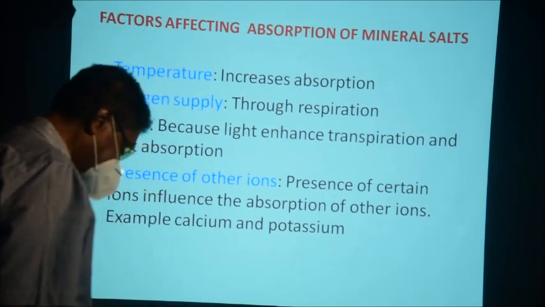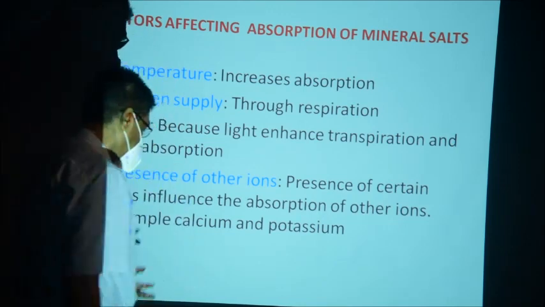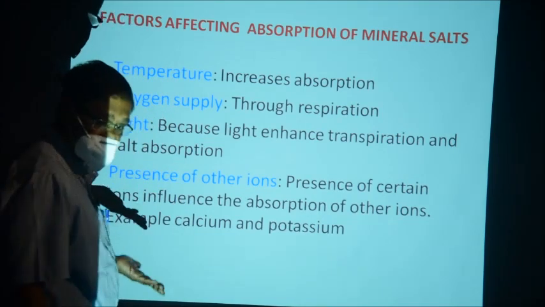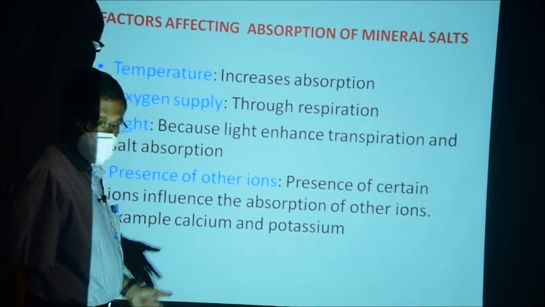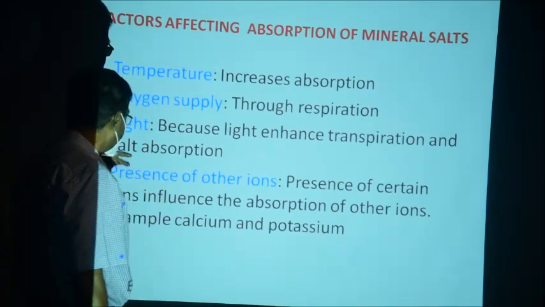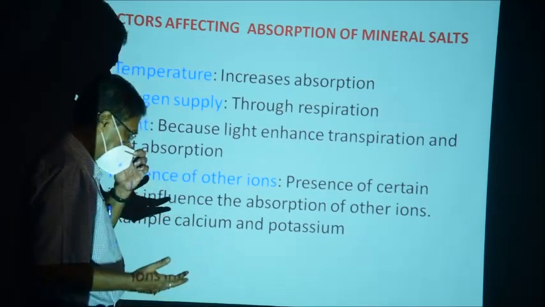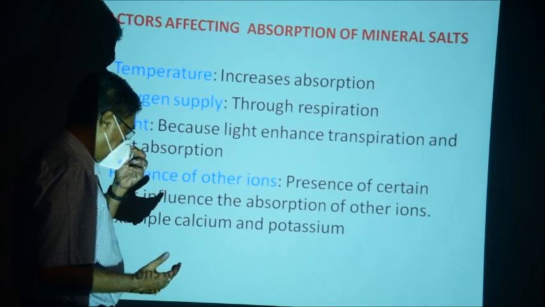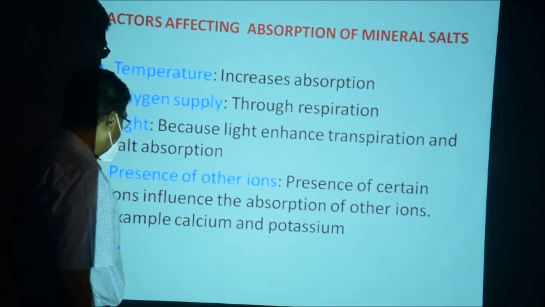Now, what are the factors affecting absorption? Temperature. The movement is more with increase in temperature, so temperature increases ion transport. Oxygen supply. Oxygen increases respiration, and we have seen that active absorption requires energy.